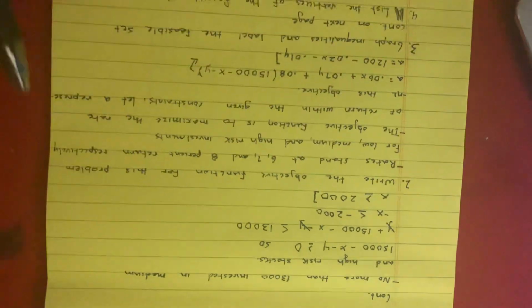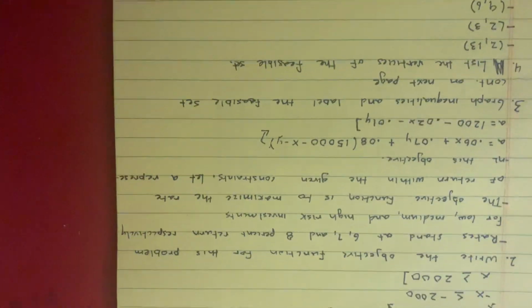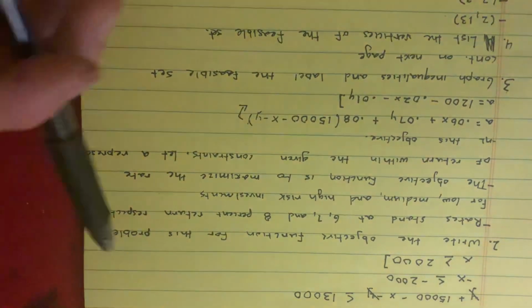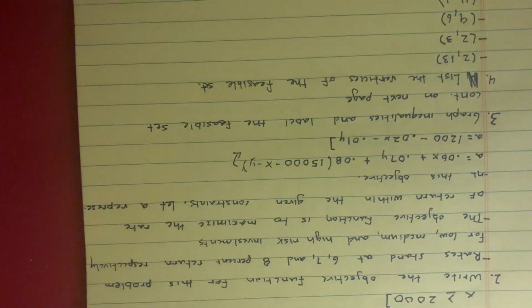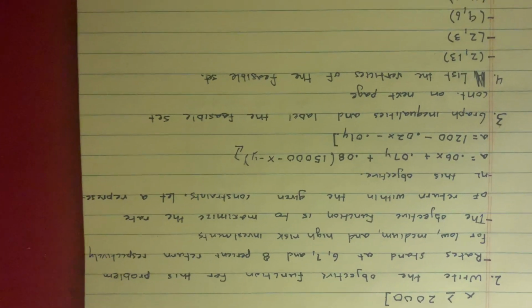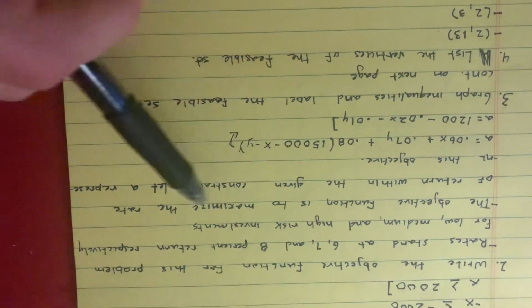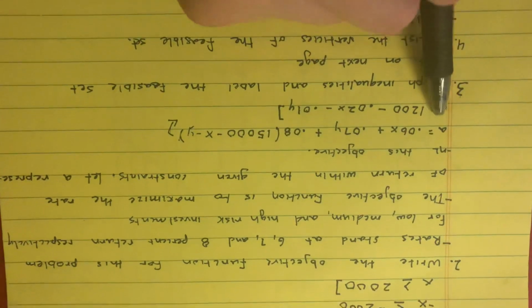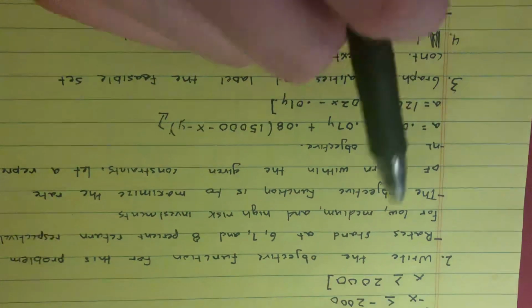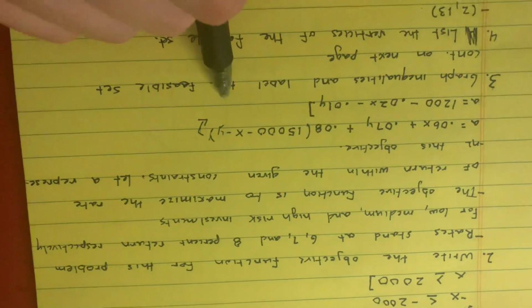For the second problem, we are asked to write the objective function, and we know that the rates stand at 6%, 7%, and 8% respectively for low, medium, and high risk investments. The objective function, with the goal to maximize the rate of return within the given constraints, we're going to represent with a. So a equals 0.06x plus 0.07y plus 0.08 times this here.